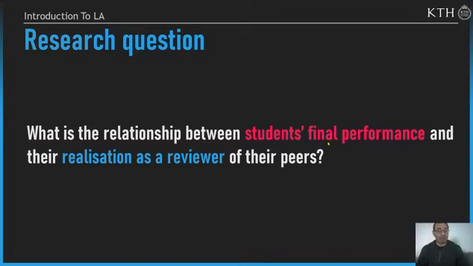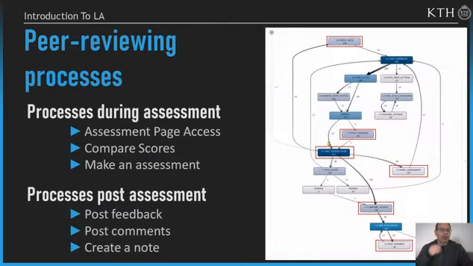In order to explain this a little bit better, we can see two kinds of classes of processes that I identified in this diagram: the processes that are related to the assessment itself, and some processes that are post-assessment, but are also part of a reviewing process.